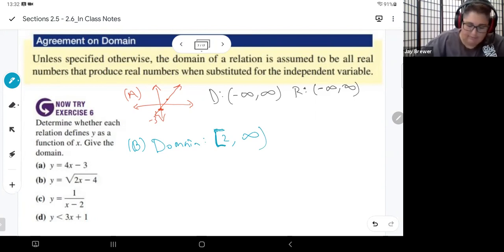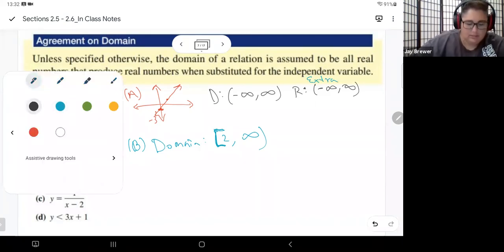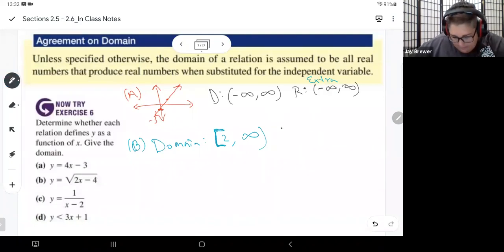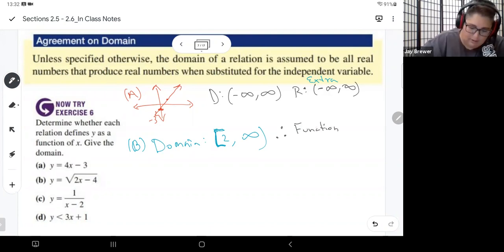We actually don't have to find range, that is extra. We just have to state if it's a function or not, and we already discussed that this is a function. We know that A is also a function.